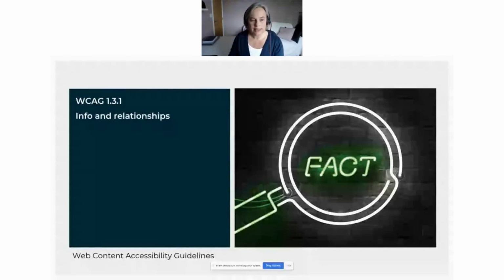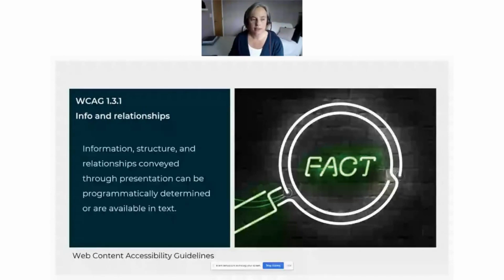What this standard says is that information, structure, and relationships conveyed through presentation can be programmatically determined or are available in text. Now, the main purpose of this standard is to make sure that content authors use headings and list styles, and also mark header rows on tables so that they're accessible for assistive technology users.